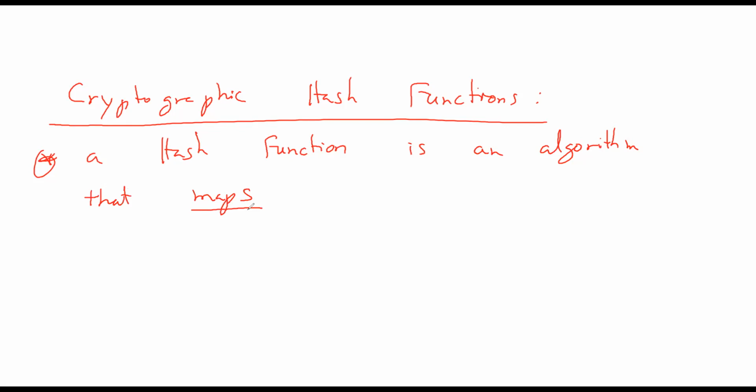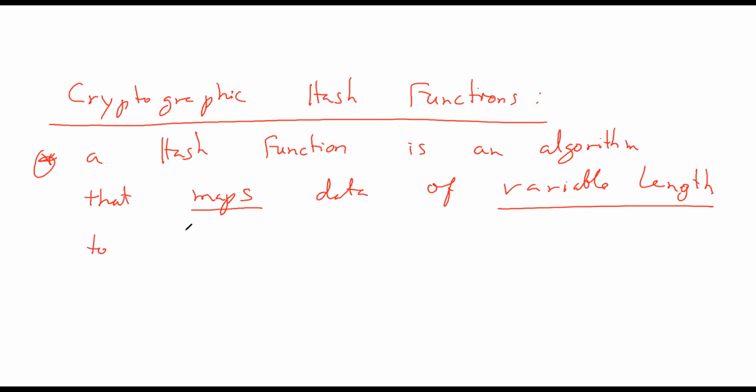A hash function is an algorithm that maps data of variable length to data of a fixed length. And that's it. Notice what that implies.